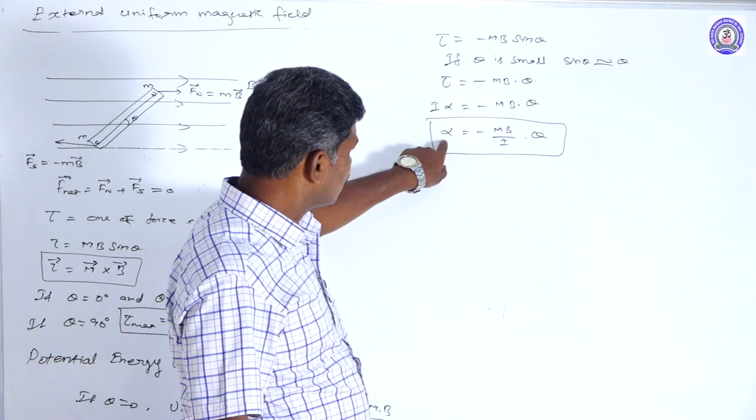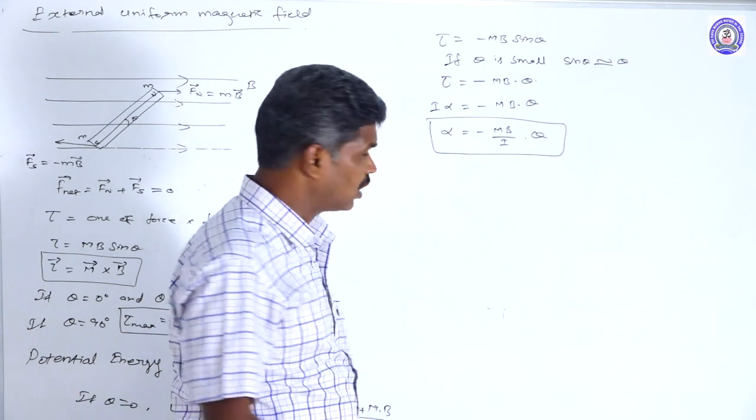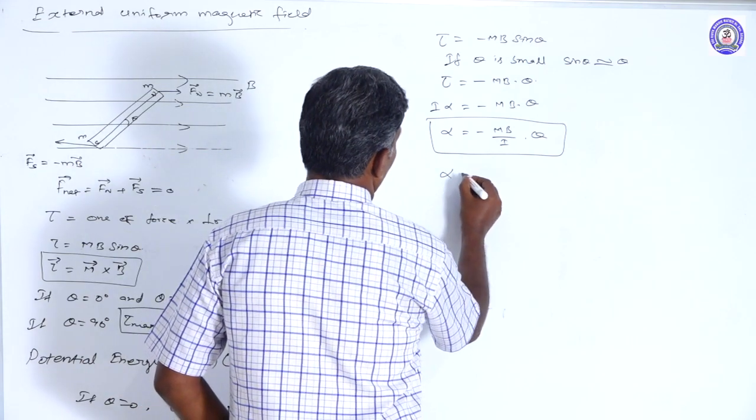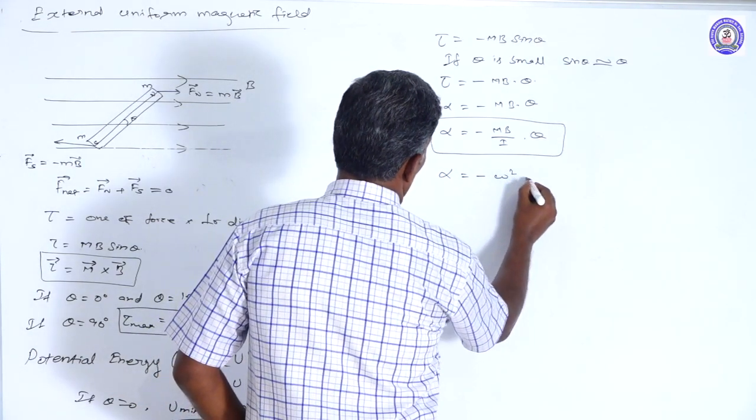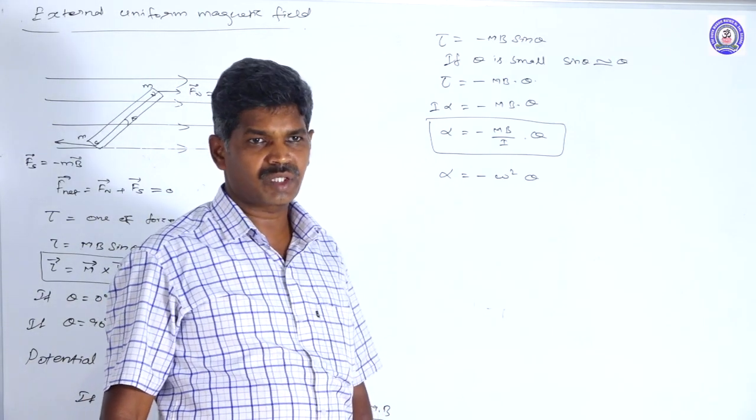The angular acceleration equal to minus mB by I into theta can be replaced as minus omega square theta. Omega is nothing but angular frequency.